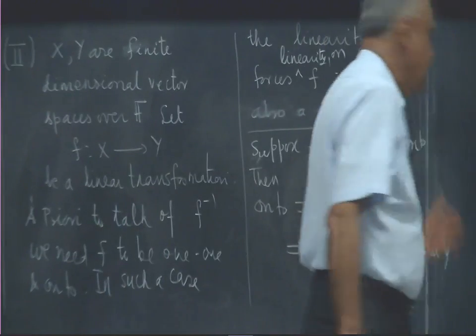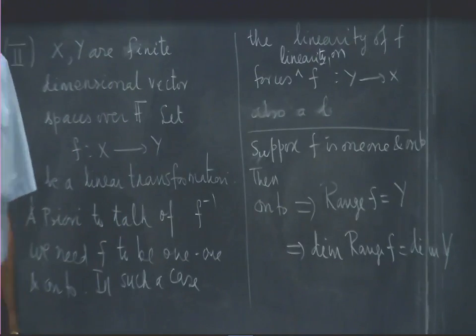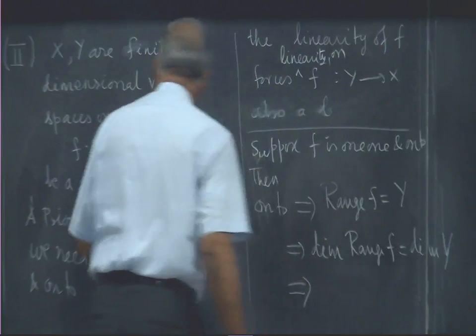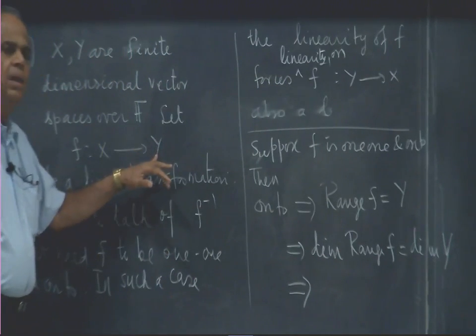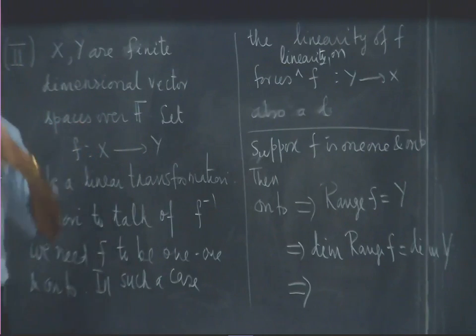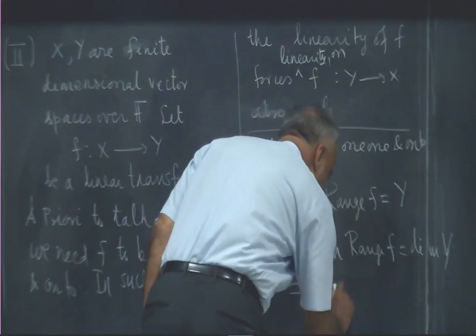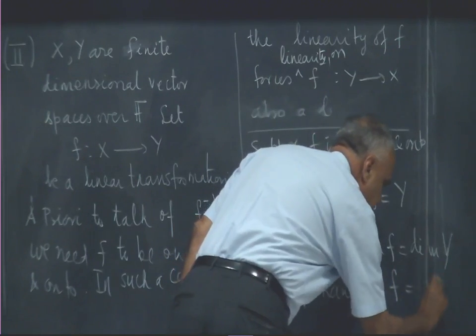The dimension of the range of F is what is called the rank of the linear transformation. If you think of this as the n-dimensional space, this is another m-dimensional space, this is a matrix, then this is the same rank and nullity. So the rank of F is the dimension of y.